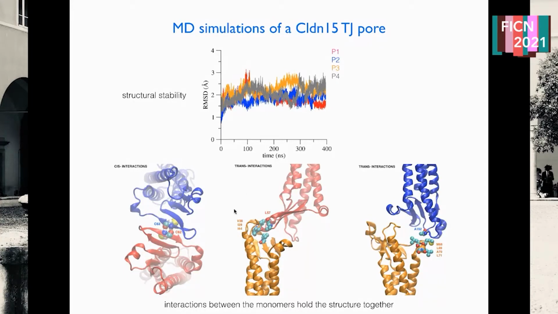There are hydrophobic clusters among trans dimers, so dimers from opposing cells, and then there are hydrogen bonds among cysteine residues in cis dimers, so dimers in the same membrane.